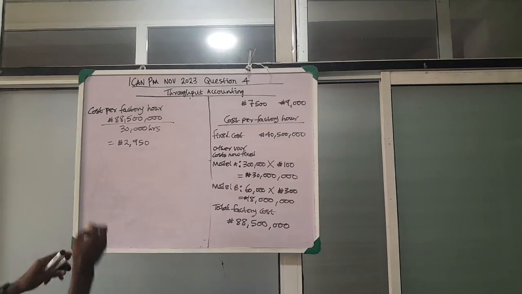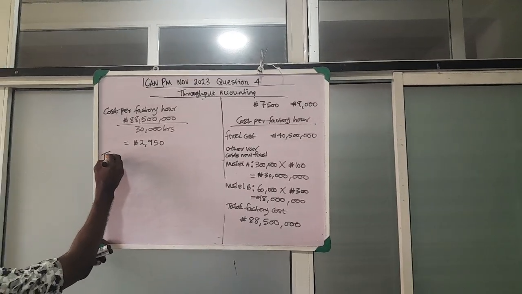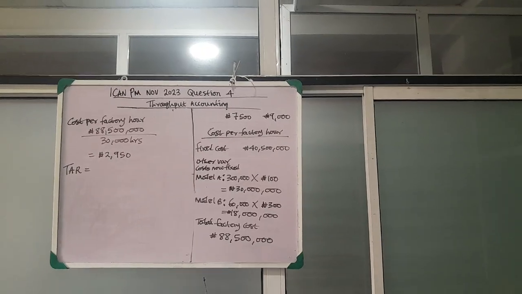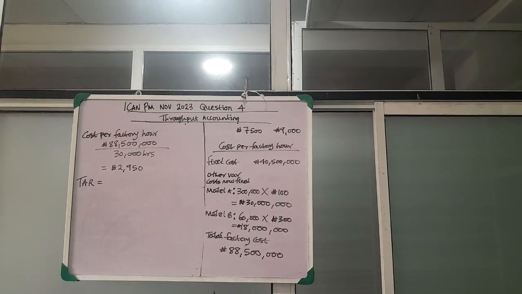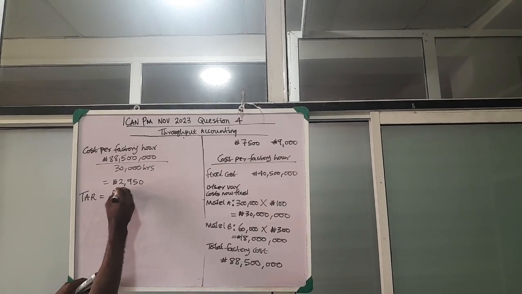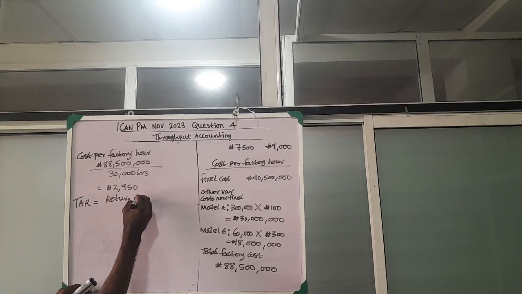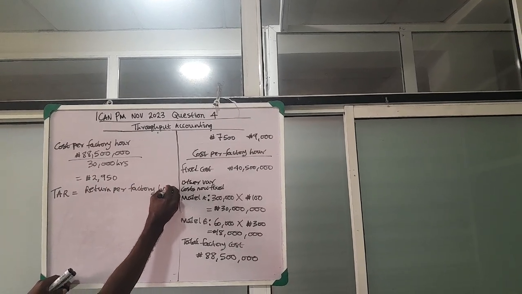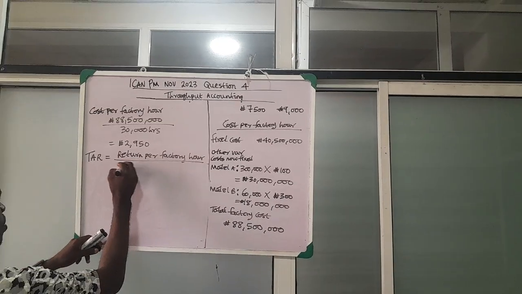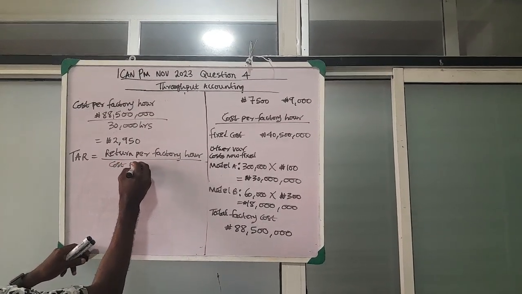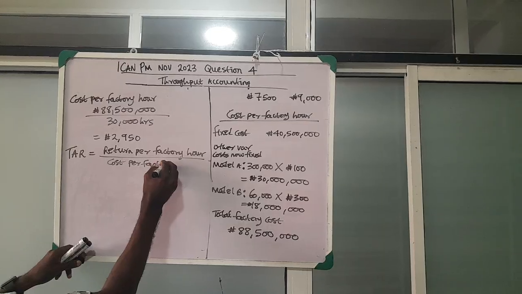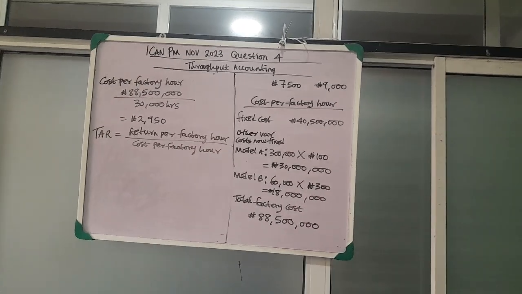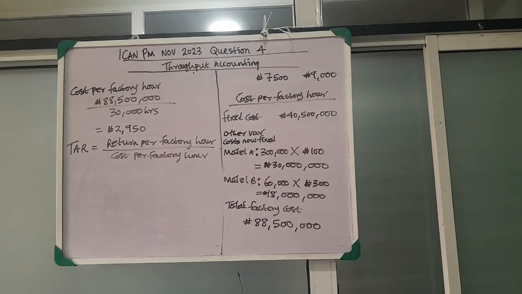Now recall our formula. We say the throughput accounting ratio is simply the return per factory hour over cost per factory hour. We have gotten all the components we need to compute.